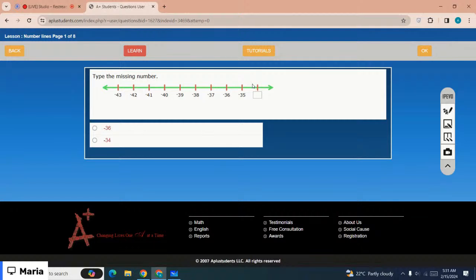That is negative 34, right? Because the numbers are decreasing on this side, so all the numbers are already negative. That would be negative 34.